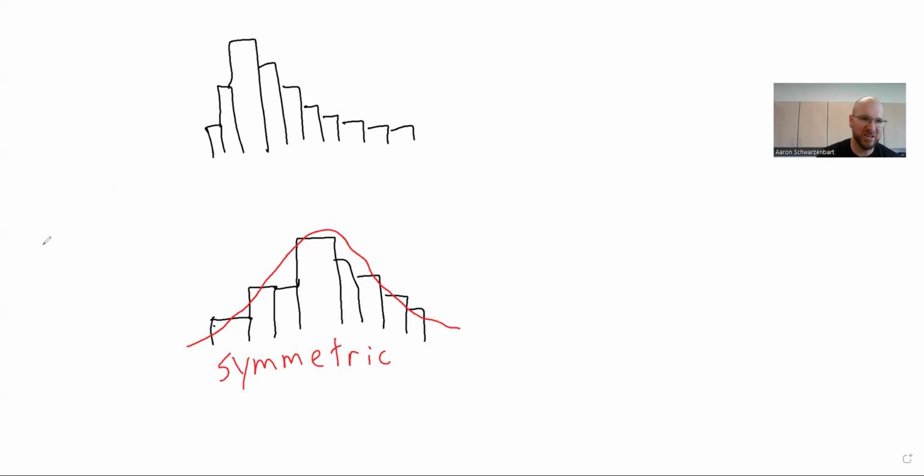This, you'll notice, has a tail off to the right. Long tail to the right. This is called skewed right. It is not where the high end is, it's where the tail is. This is skewed to the right, and then there's skewed left.